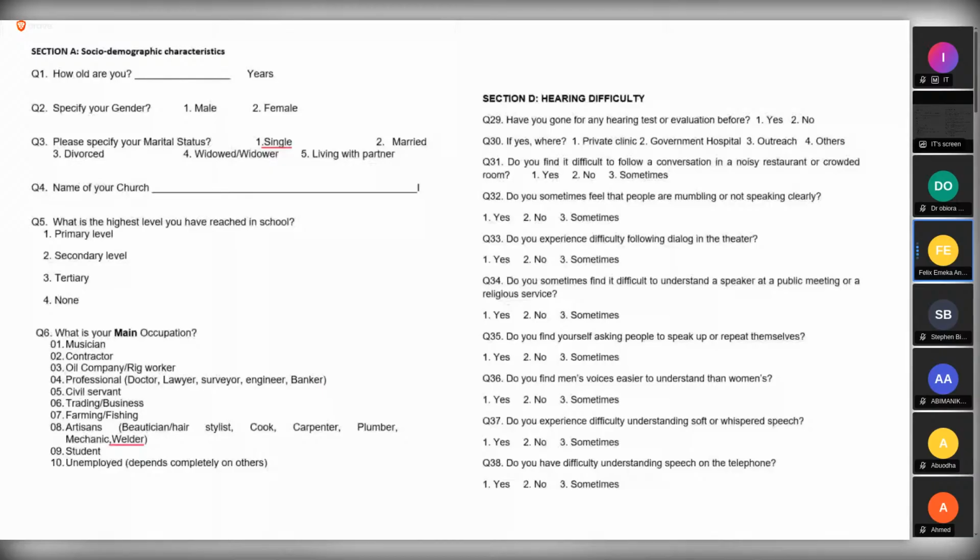So there's no way I will do a study on hearing loss and not capture age. And I will capture occupation, because occupation is associated with hearing loss. If you are a musician working in a nightclub, or you work on a construction site or at the airport where there is noise every day, you most likely have hearing loss.